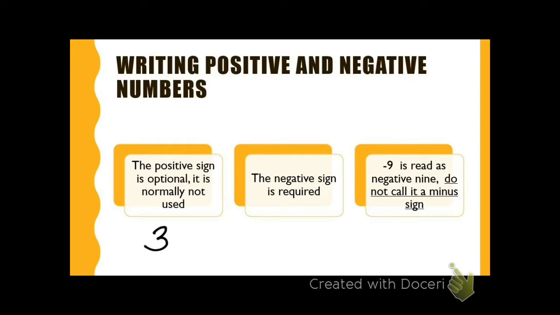I don't need to put the positive sign in front of it. But if I'm writing a negative number, the negative sign is required. And -9, or any number with a negative sign in front of it, is read as negative 9. Do not call it a minus sign. So it's not a plus sign or a minus sign now. Now they are positive or negative signs.